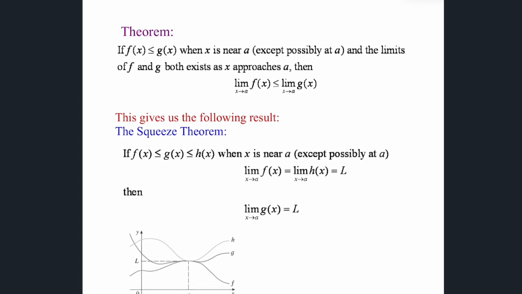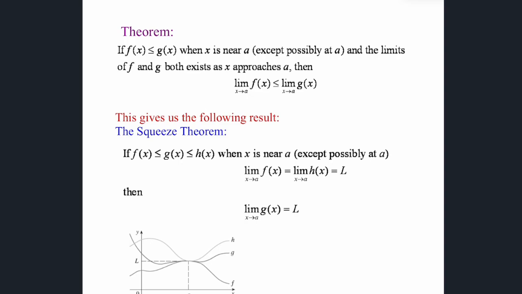Look, we have this h function, which is higher than the g function, which is always higher than the f function. See that relationship? If that's the case, and h and f have the same value L at a particular location, then we can say that the g function was sandwiched in between them.